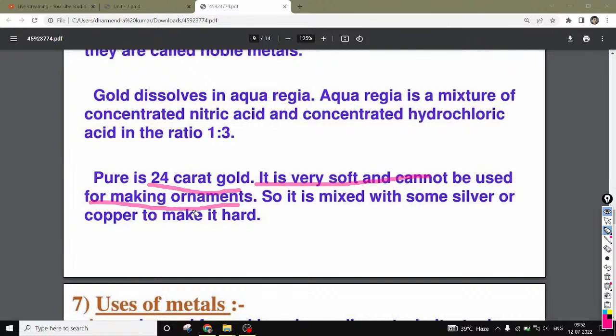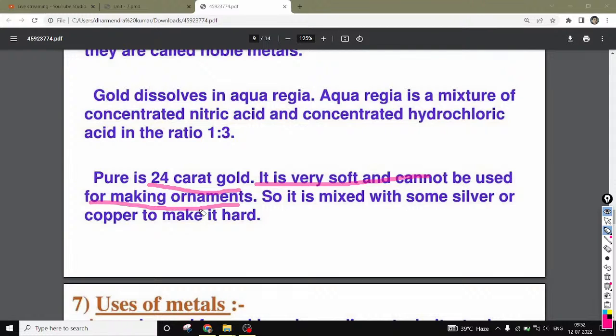Because if you make ornaments using 24 karat gold, that gold will be very soft and it can be broken easily by pushing or pulling, right? So it can break down.